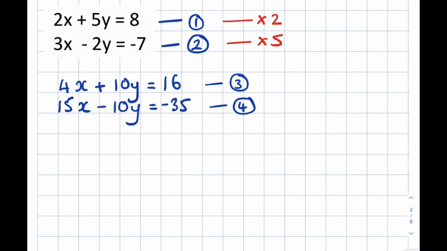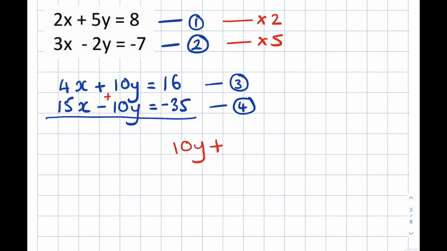So we have 10y here and we have a 10y here. We need to be thinking about how we can get rid of those 10y's. Right, the only way we can make those into a 0 is by adding, because if you think about it, I've got a positive 10y.